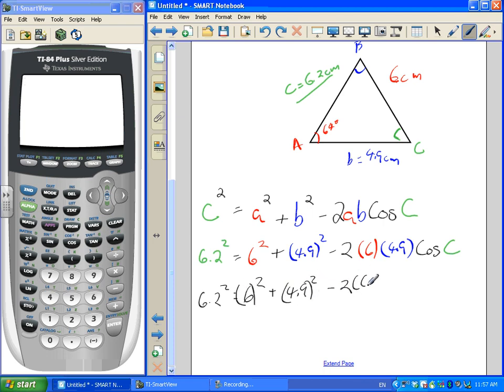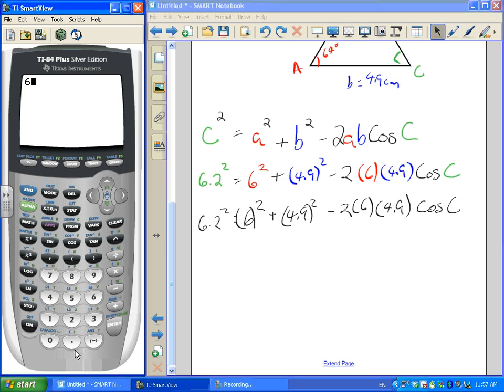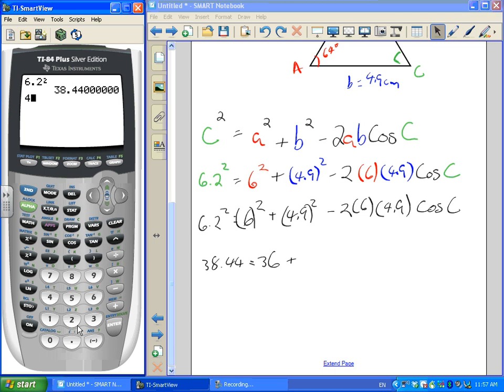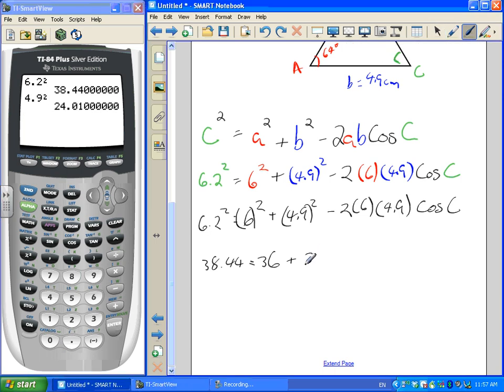Minus 2 times 6 times 4.9 times cos of C. So let's start equating. 6.2 squared equals 38.44, which is equal to 36, that's 6 squared, plus 4.9 squared is 24.01.